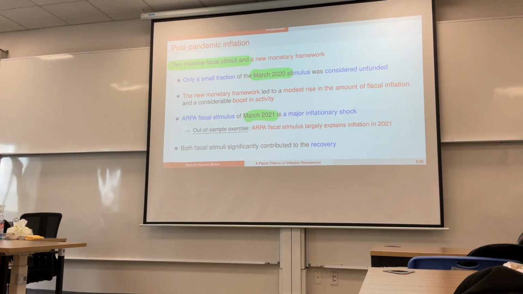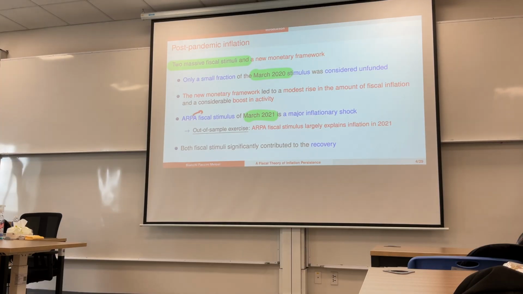But just reading what their model implies, the first stimulus, when the epidemic hit and people got subsistence transfers, that tax or transfer change didn't lead to lots of extra inflation because it was backed by future tax changes. Then the American Rescue Plan, that's what ARPA means.